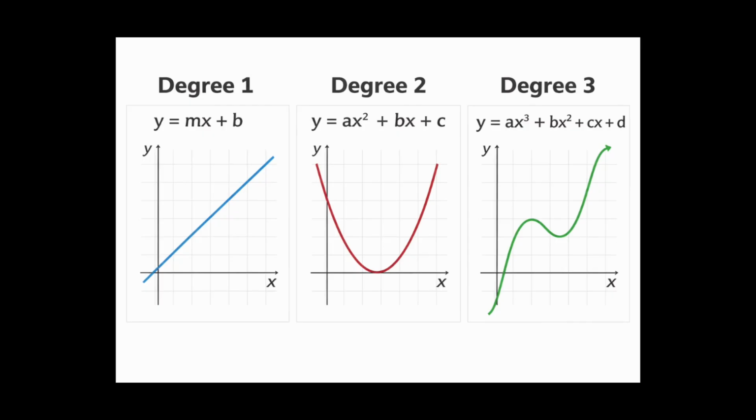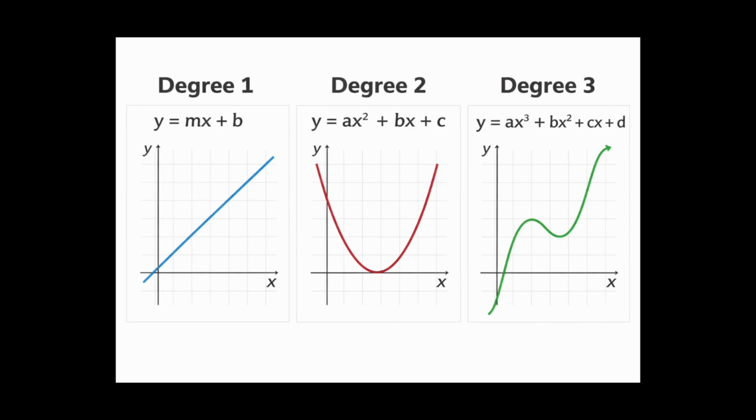Here are examples of polynomial degrees: first degree, second degree, and third degree. As you can see, the linear is a straight line, the quadratic forms a U shape, and the last one is the cubic, which forms an S shape. So the degree helps us understand the overall shape of the graph.